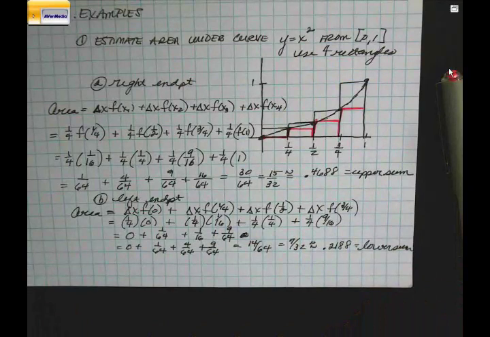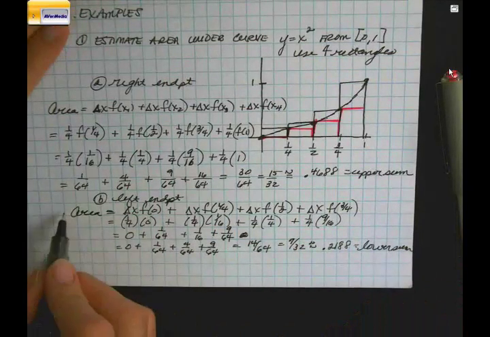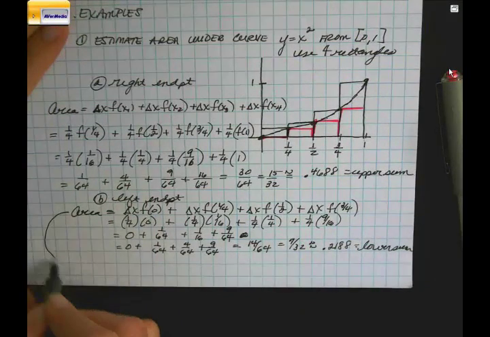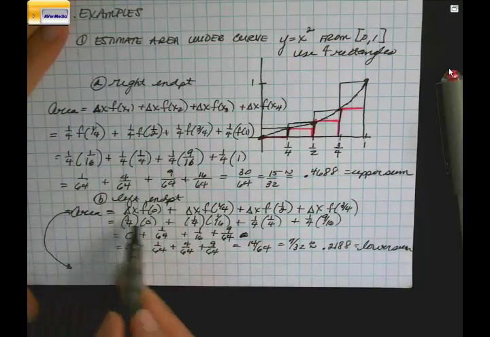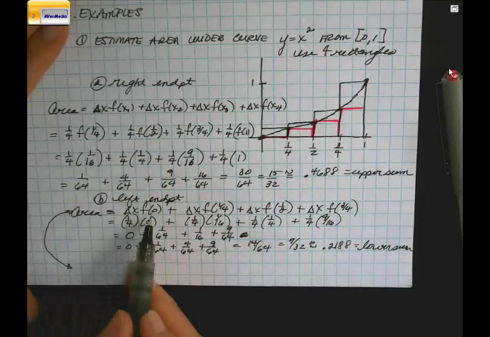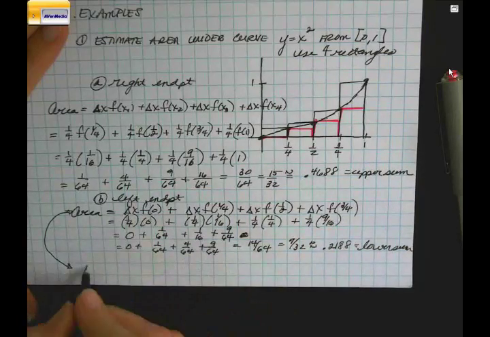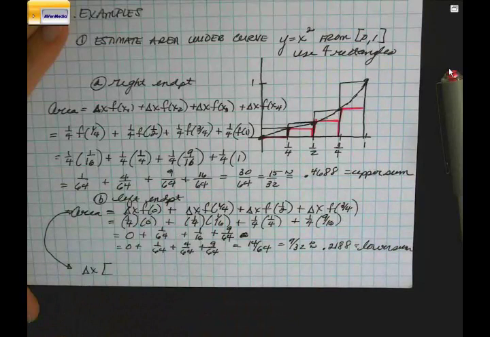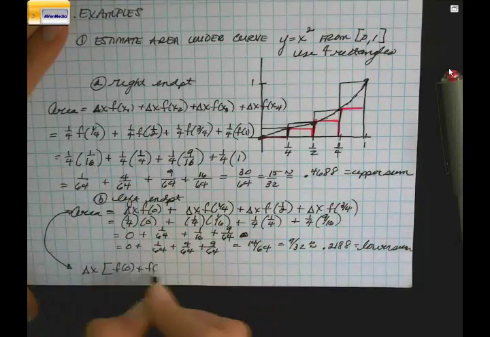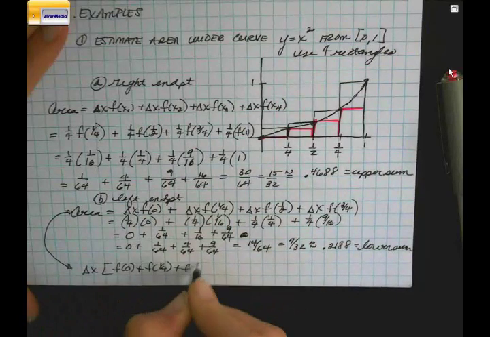Now, when we write the area, this line right here where I have delta x, f of 0, delta x, f of 1/4, could this have been rewritten as delta x times f of 0 plus f of 1/4, right?